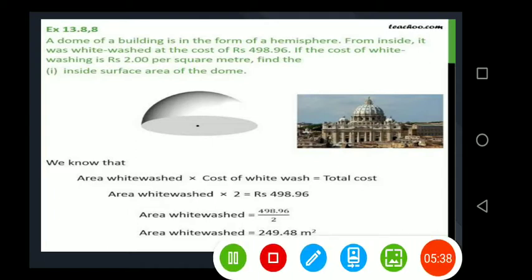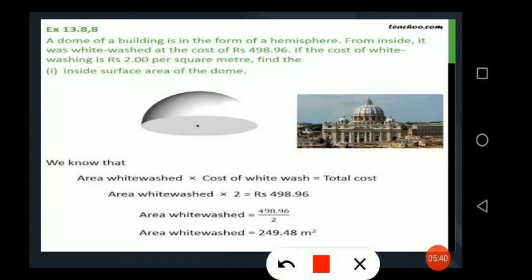So since we are whitewashing it from inside, area of whitewash into cost of whitewash will be the total cost, and total cost is given to us as 498.96, and cost of whitewash is 2 rupees per meter square. So when we divide both, we will get the inside surface area.